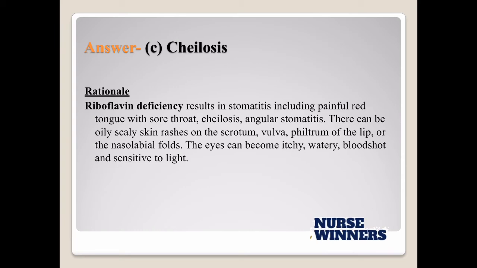Riboflavin deficiency results in stomatitis, including painful red tongue with sore throat, cheilosis, angular stomatitis, and there can be oily, scaly skin rashes on the scrotum, vulva, philtrum of the lip, or the nasolabial folds. The eyes can become itchy, watery, bloodshot, and sensitive to light.